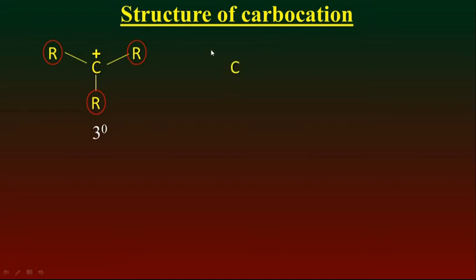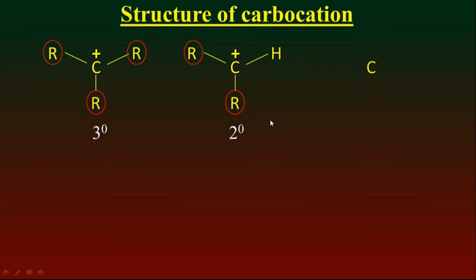Next, here only two alkyl groups are bonded to the positive carbon atom. It is one alkyl radical and it is another alkyl radical, so the total number of alkyl radicals is 2 here, so it is 2 degree or secondary carbocation.